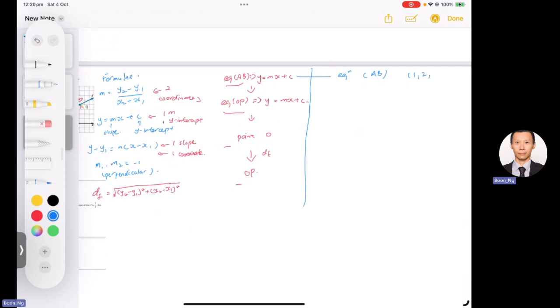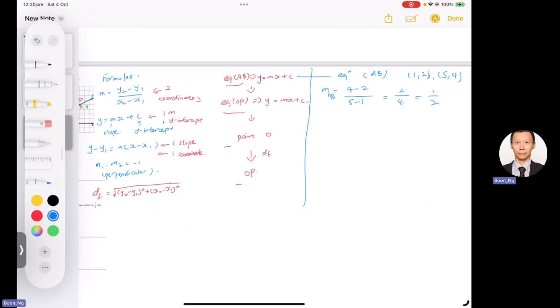Using these two coordinates, we can determine m of AB equals 4 minus 2 over 5 minus 1. Let me work a bit faster. To simplify, that's 2 over 4, and simplifying, we get 1 half.